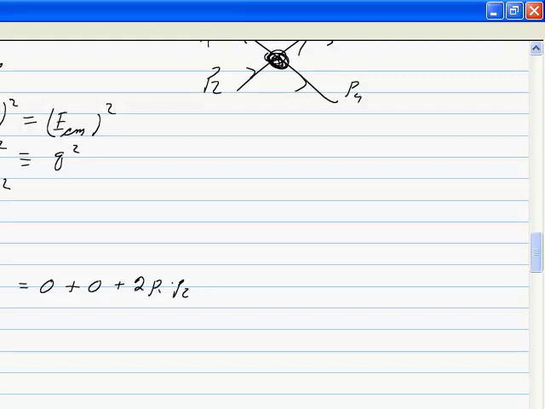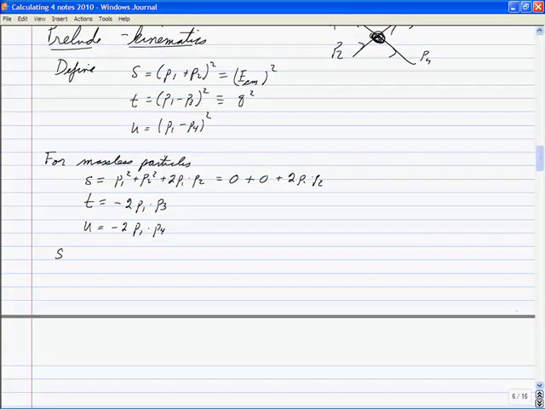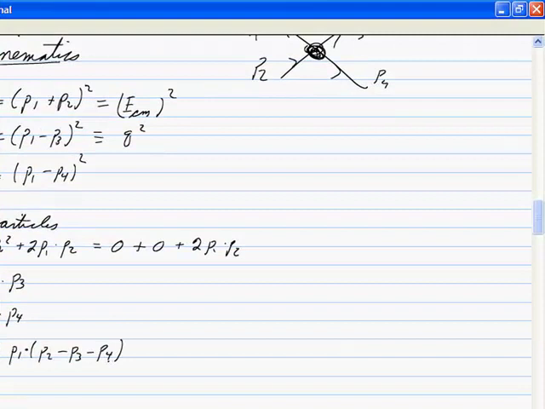U is minus 2 P1 dot P4. Again, the P squares all cancel. And so we end up with S plus T plus U, which is 2 P1 dotted into P2 minus P3 minus P4.